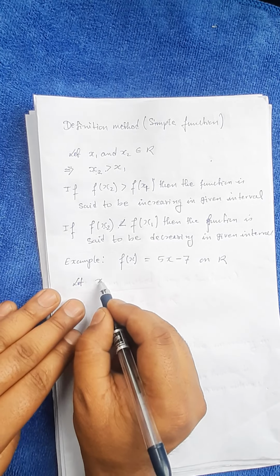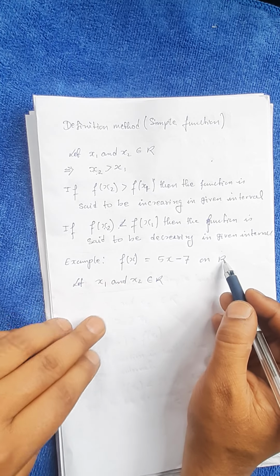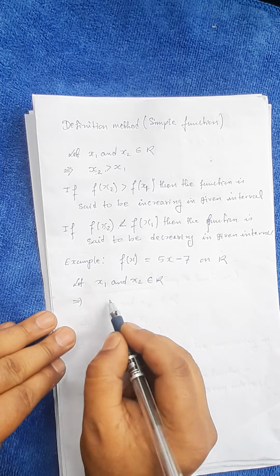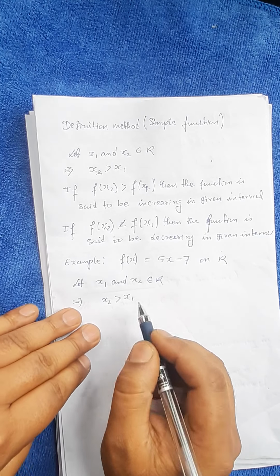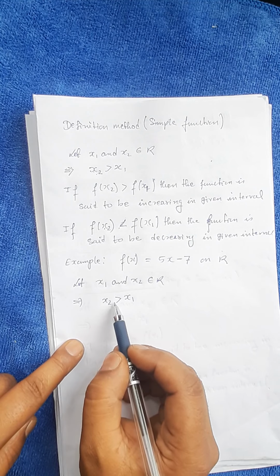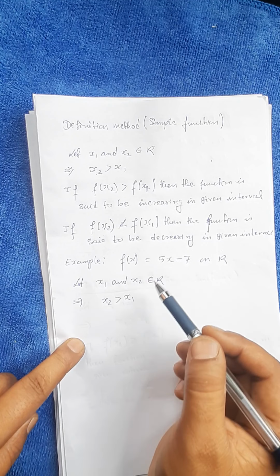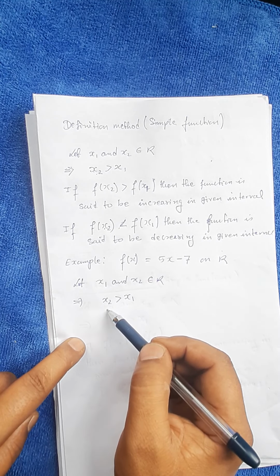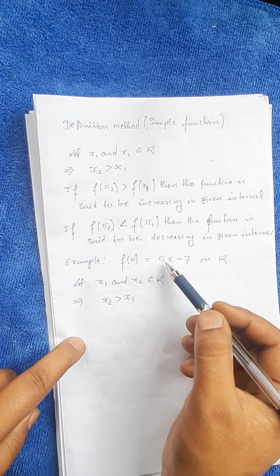Let x1 and x2 belong to the given set, the set is the real numbers here, such that x2 is always bigger than x1. This is the assumption. Now by using this relation, we need to convert it into the given function.